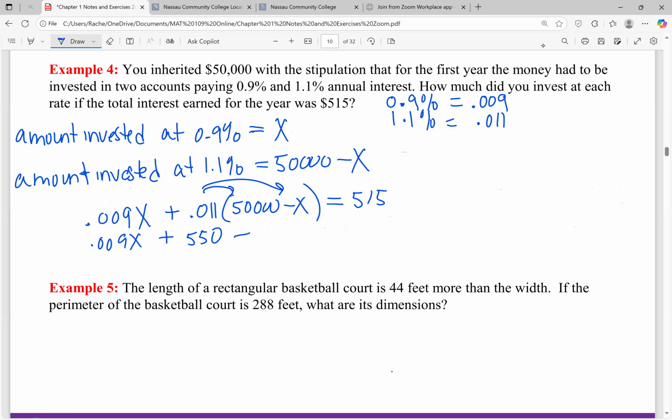Now minus 0.011 times x, and that should equal 515. Let's combine the x terms. Take 0.009 and subtract 0.011. So I'm going to get negative 0.002x plus 550 should equal 515.